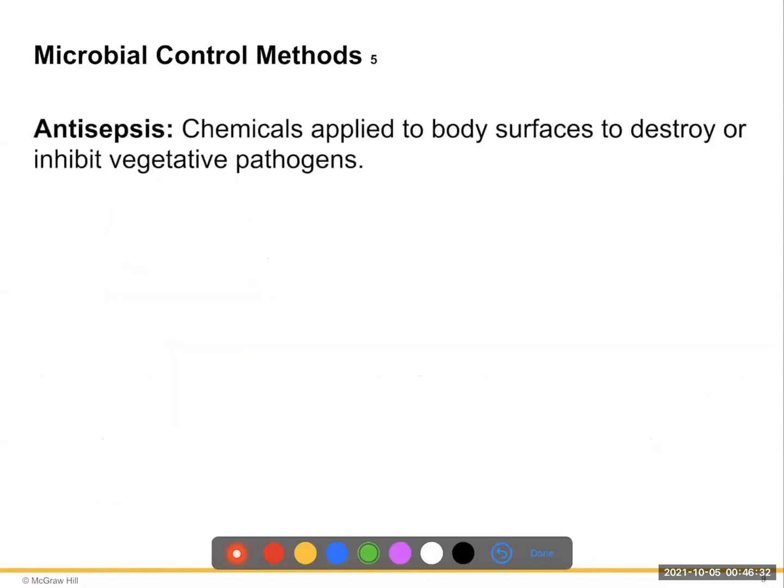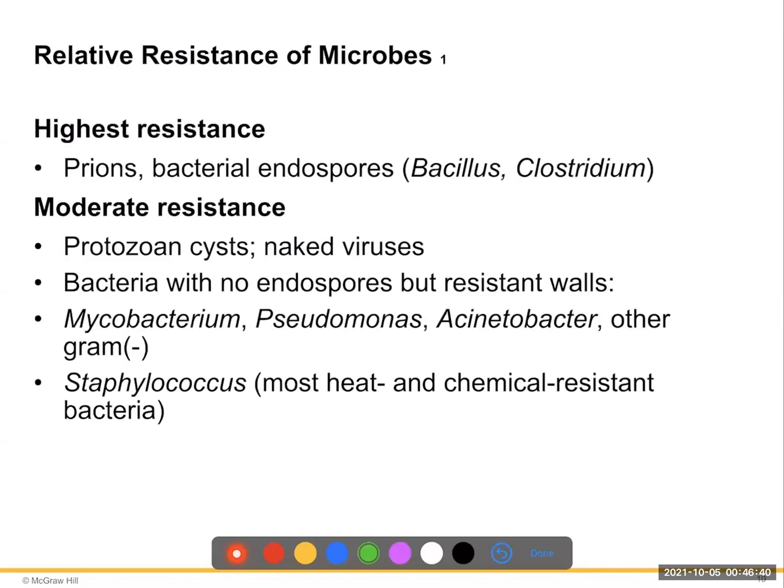Antisepsis is a chemical applied to a body surface to destroy or inhibit vegetative pathogens. It kills the microbes on your skin. The highest resistance are prions and bacterial endospores. Those don't die easily. They take a lot of heat and a lot of pressure.